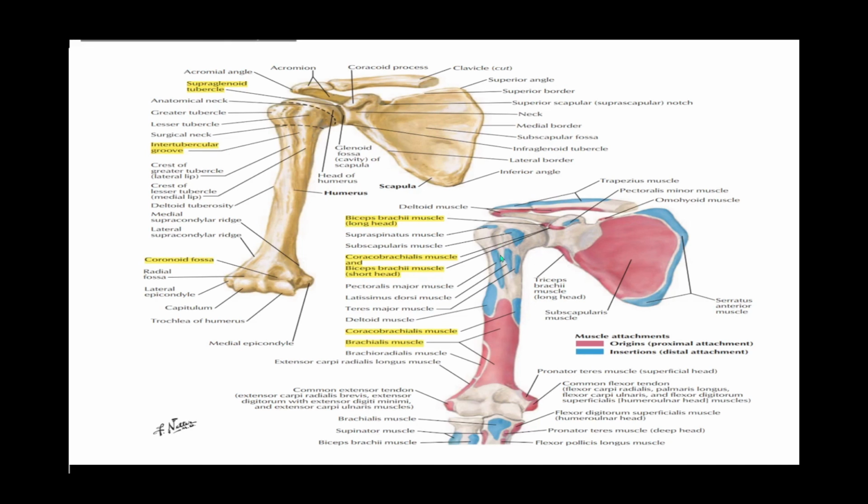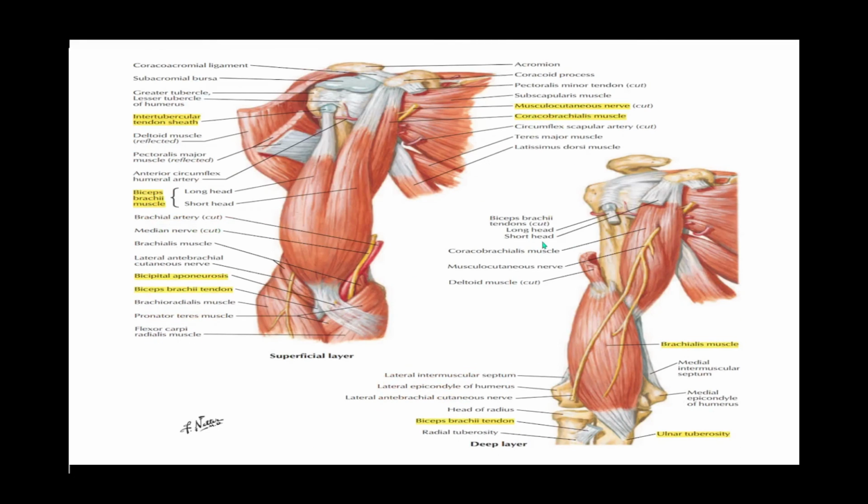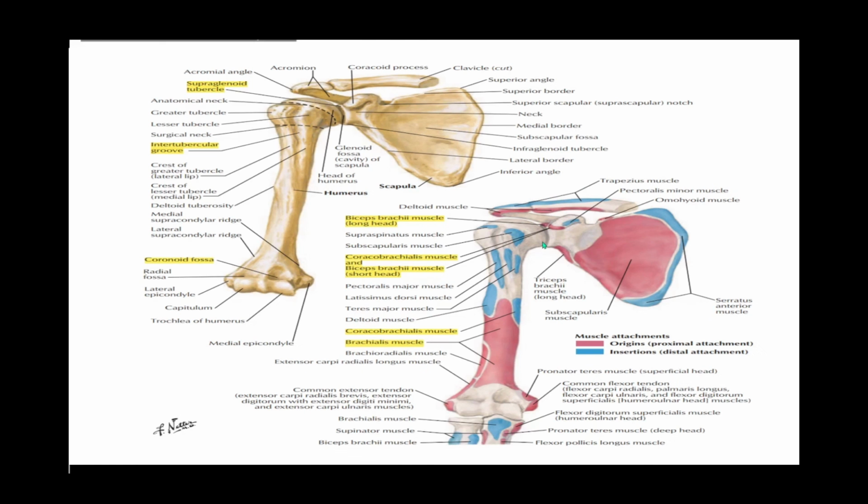So within this groove, our long head of biceps emerges this way, lies within the proximal part of this intertubercular sulcus, and then it joins with the short head of the biceps, and then they end up inserting via the biceps tendon into the radial tuberosity. You can see that.